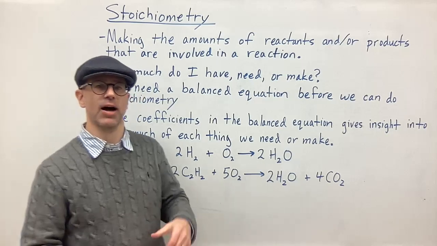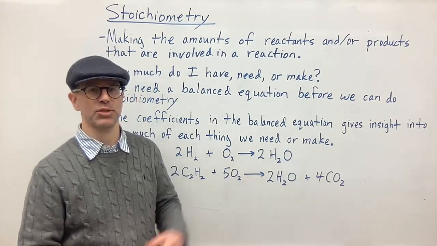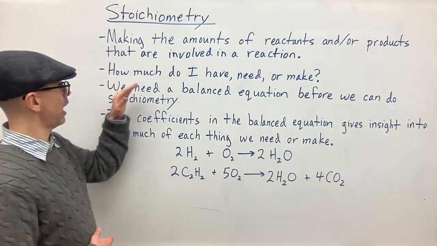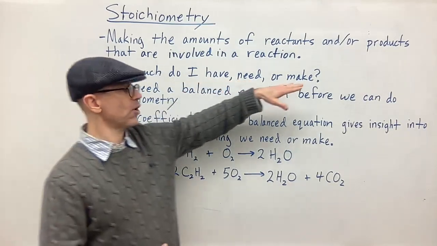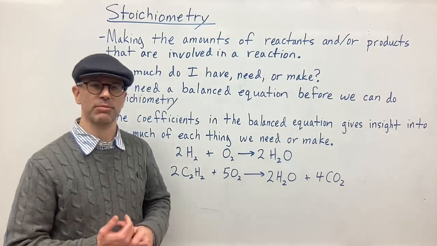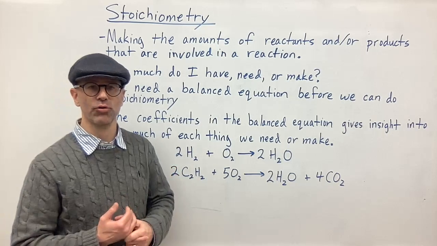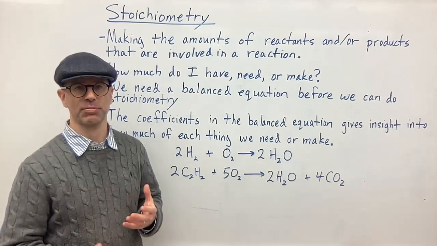So if I have a certain number of grams of A as a reactant, how much B product would I have, right? So the question is, how much am I going to have? How much do I need? Or how much will I make? And that could be in grams, it could be in liters, it could be in moles.